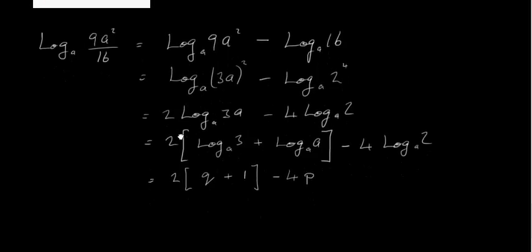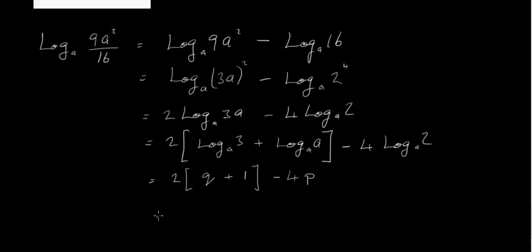Okay, so that's it really. Just to simplify that a bit more, we end up with 2q plus 2 minus 4p. And that's it really, 2q plus 2 minus 4p. Okay, I'll do the next few questions in the next video.